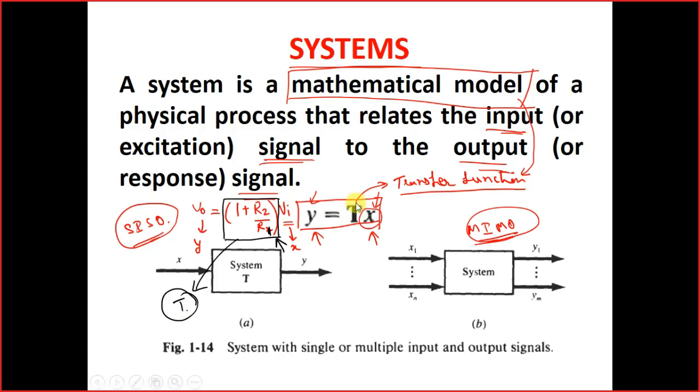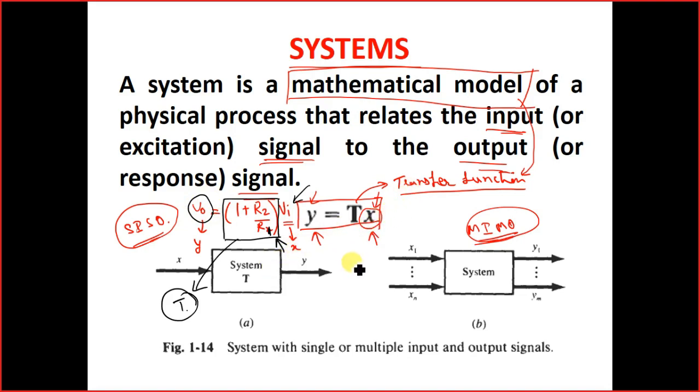So a non-inverting amplifier is a system because when we give an input to the system, there is a mathematical operator, or a mathematical formula, where we modulate the input signal such that we get an output signal.